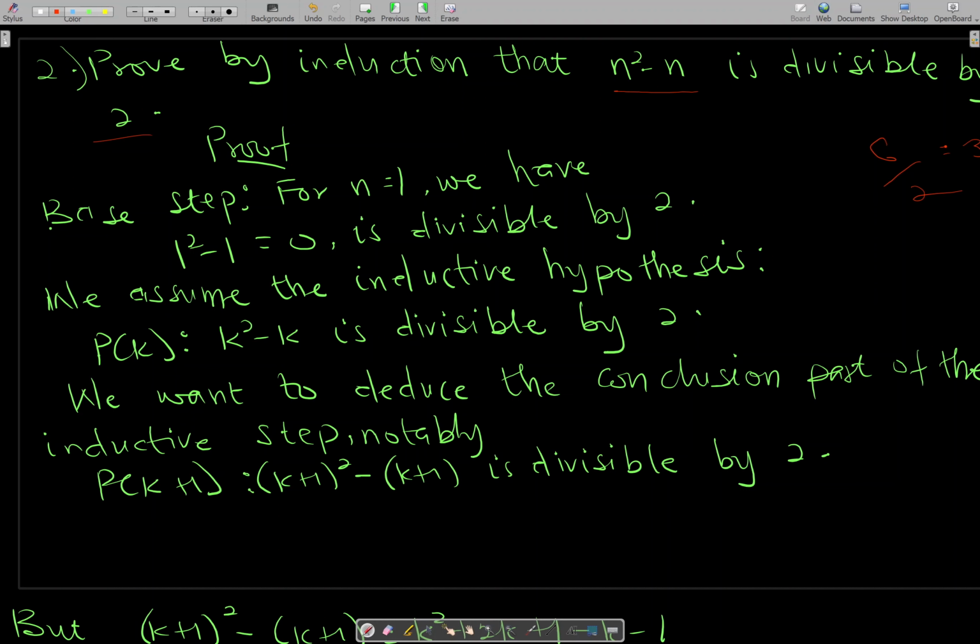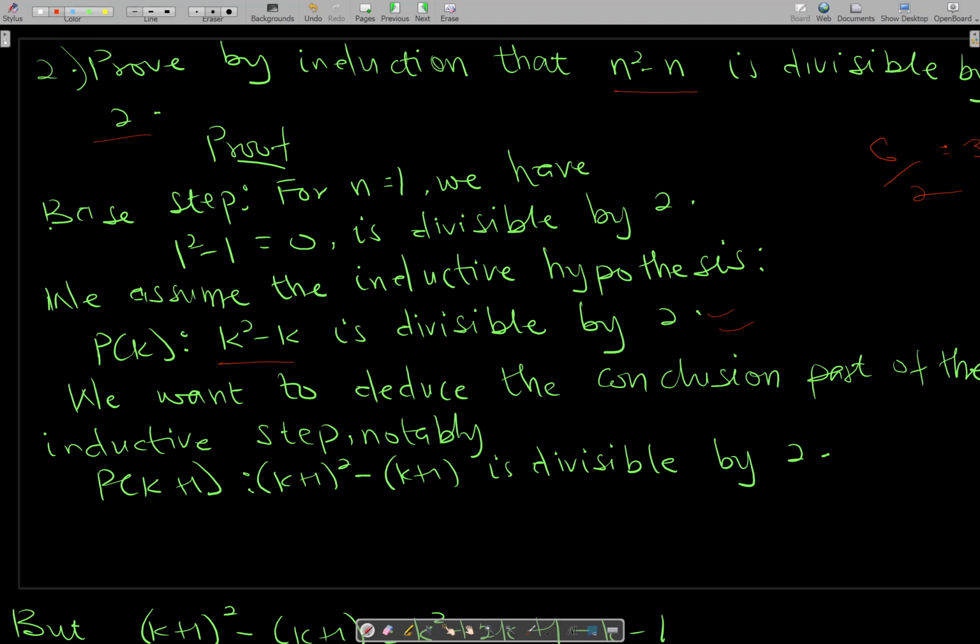Now let's assume k such that P of k is k squared minus k, sorry. We assume that P of k, k squared minus k, is also divisible by 2. Since P of k is divisible by 2, we have to deduce that the next step, P of k plus 1, is also divisible by 2.